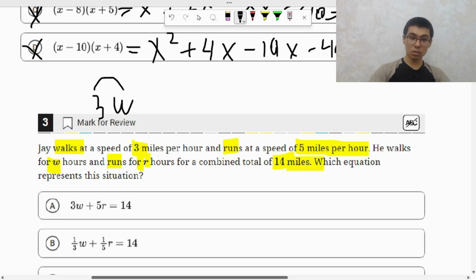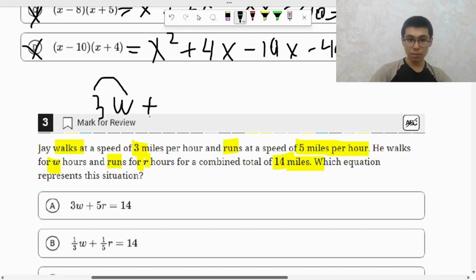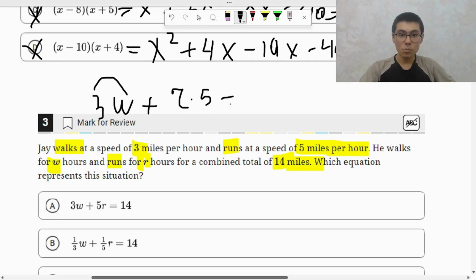So 3 multiplied by W is the amount of miles Jay walks. So we're gonna add 5 multiplied by R, because R is the number of hours he runs, and this will equal 14.